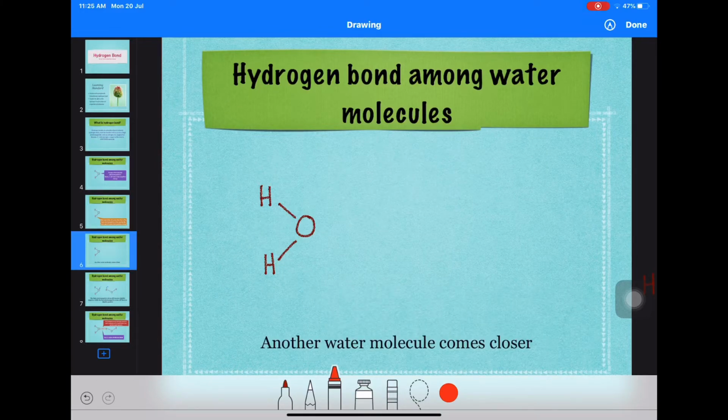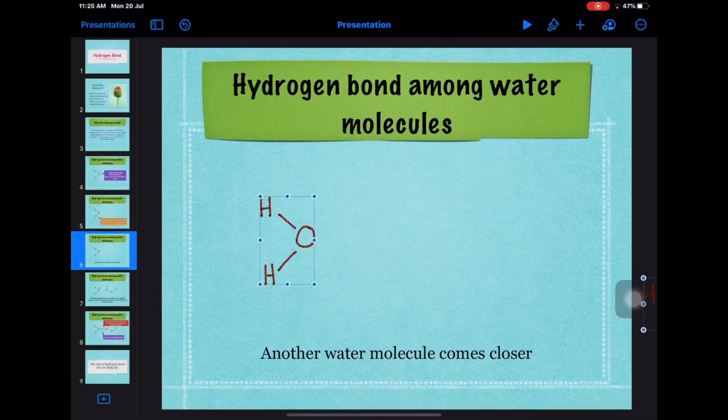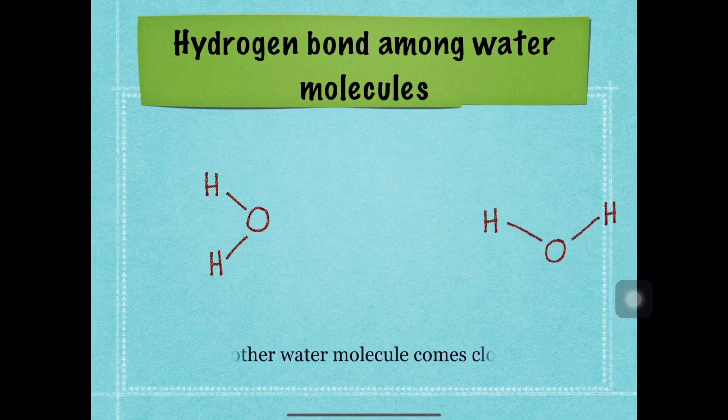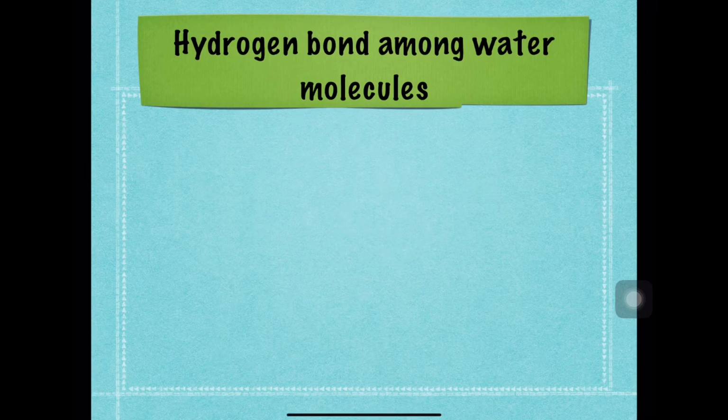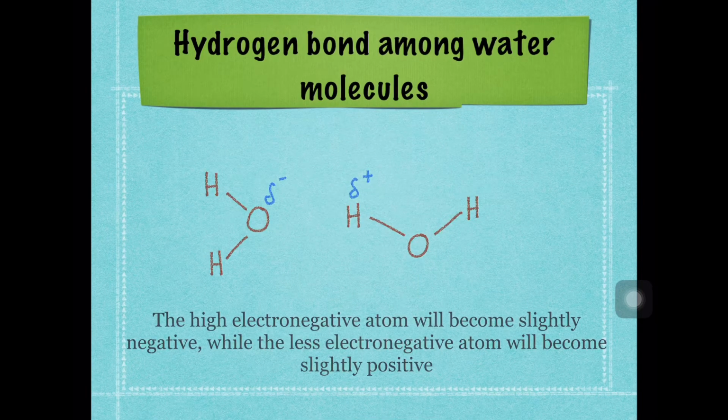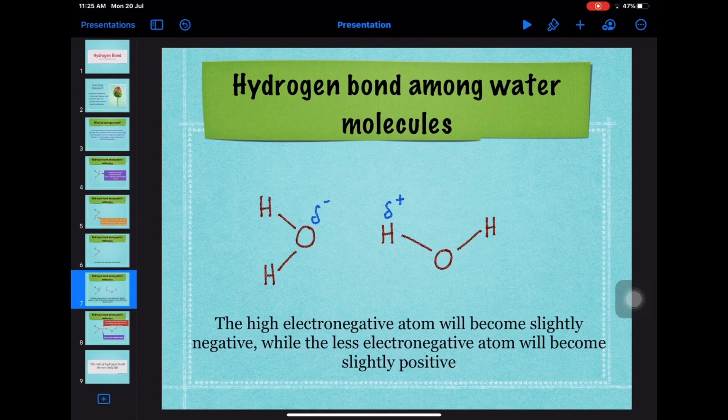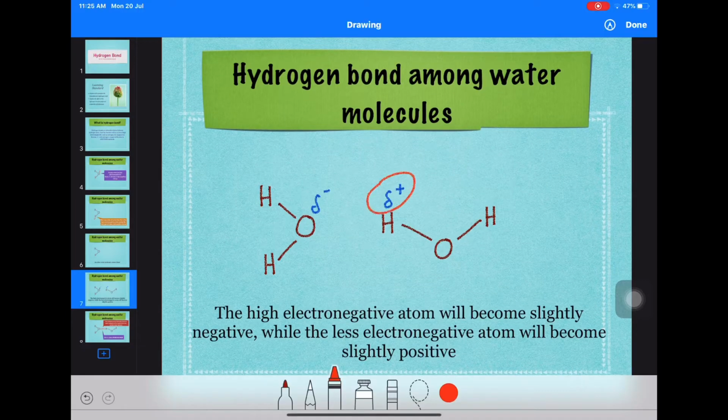Next, when another water molecule comes closer, what will happen? The highly electronegative atom will become slightly negative, while the less electronegative atom will become slightly positive. This one slightly positive, slightly negative.